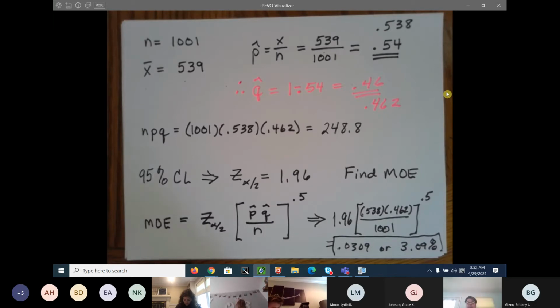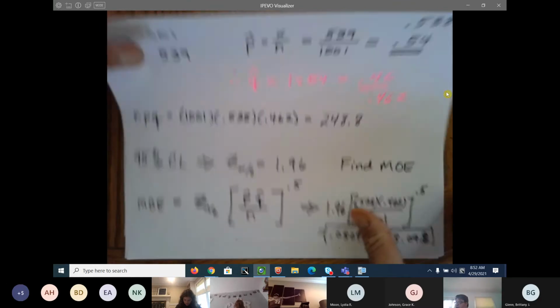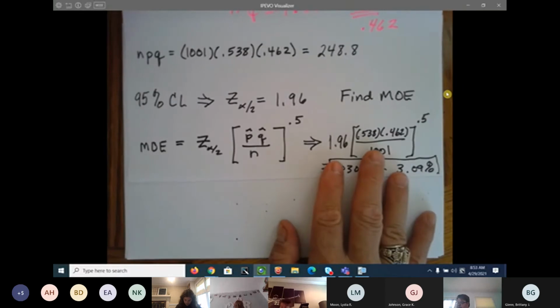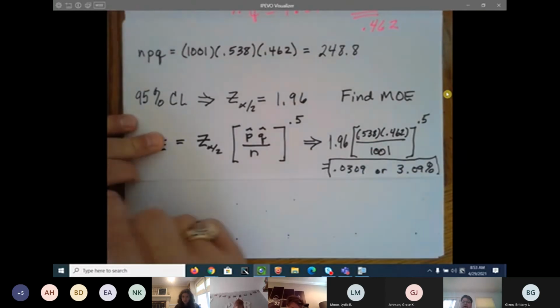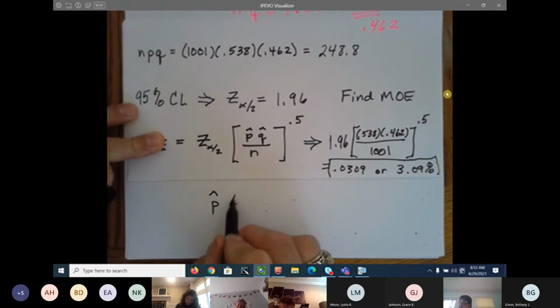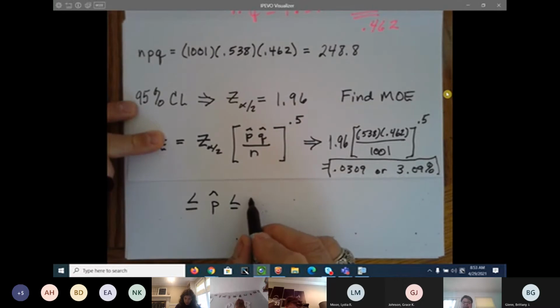And now we're going to build our confidence interval. And that's real easy because you've been doing that since chapter 3. P hat is in the middle. You just write P hat. And then over here, to the right, we add.